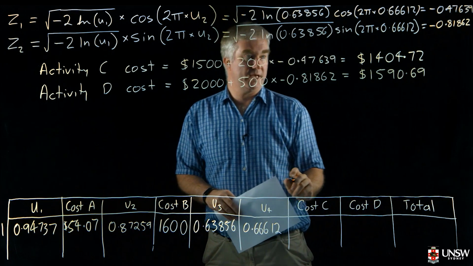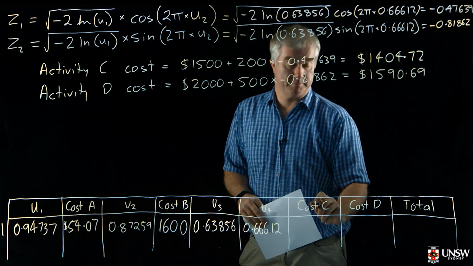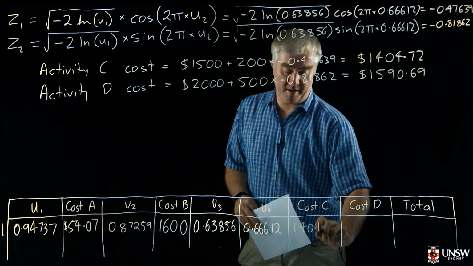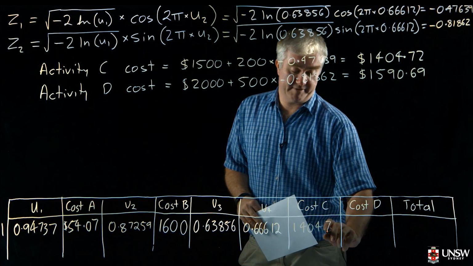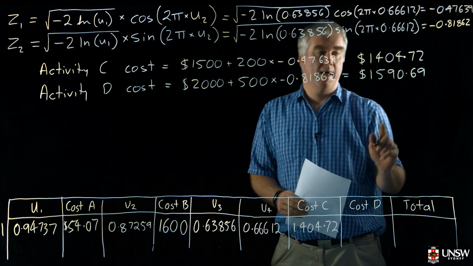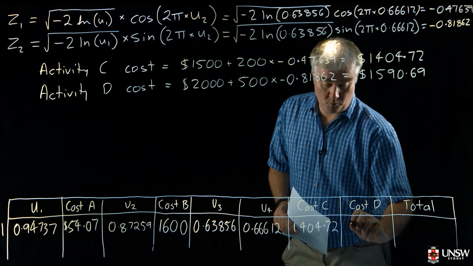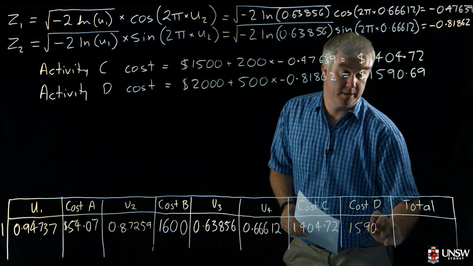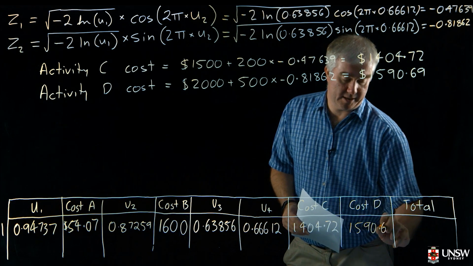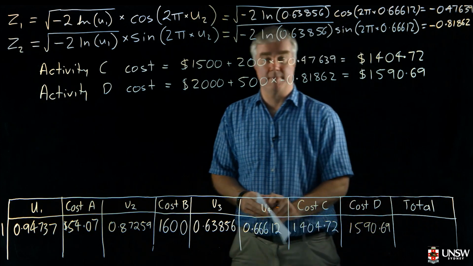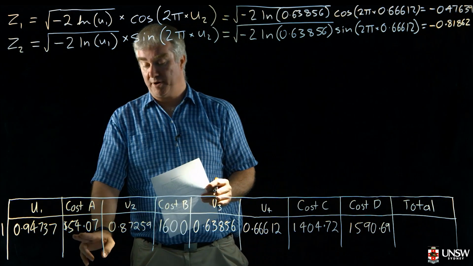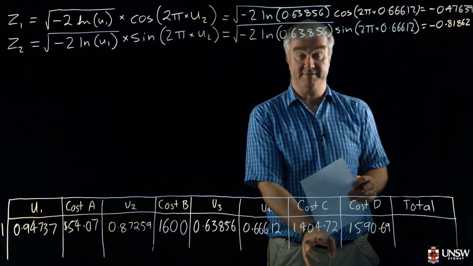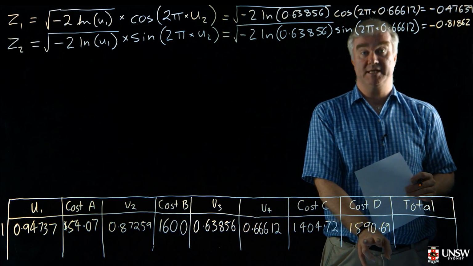So we copy them down here and we've got $1,404.72. And for D, we have $1,590.69. So now we have the cost for activity A, the cost for activity B, the cost for activity C, and the cost for activity D.